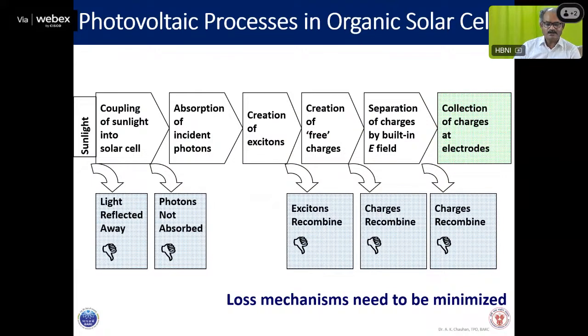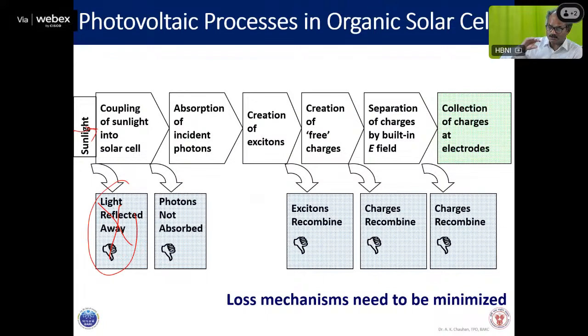Similar to yesterday, we can look at the case of an organic solar cell. Exactly the same thing: if sunlight falls on a solar cell device and it reflects, it is lost. If it gets coupled into the solar cell but the photon is transmitted because it is not absorbed, that is another loss.